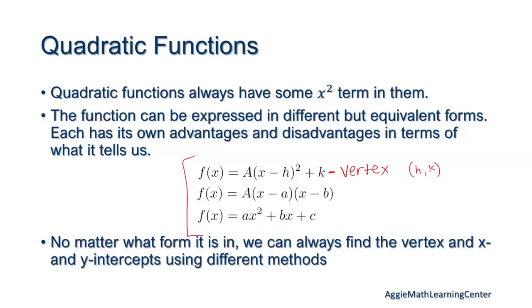Okay, what about this second one? What are you given, or what is that one telling you? That one is telling you the zeros, okay? If you're factoring it down, this is your fully factored form, and it tells you the zeros, which are also your x-intercepts. And this last one is your classic polynomial, quadratic form, and that one will tell you your y-intercept.